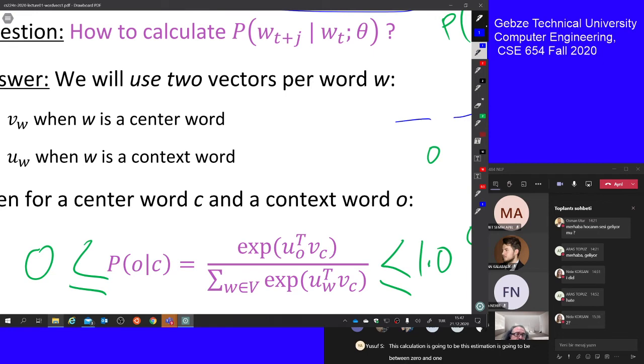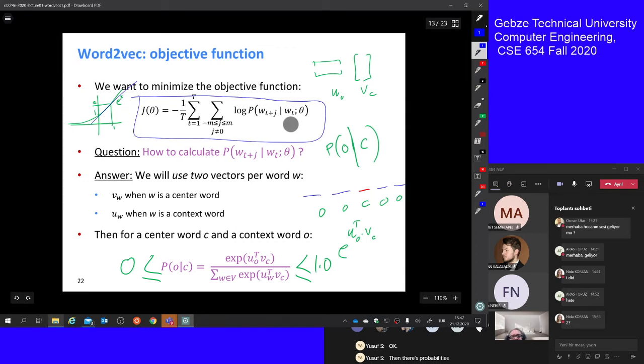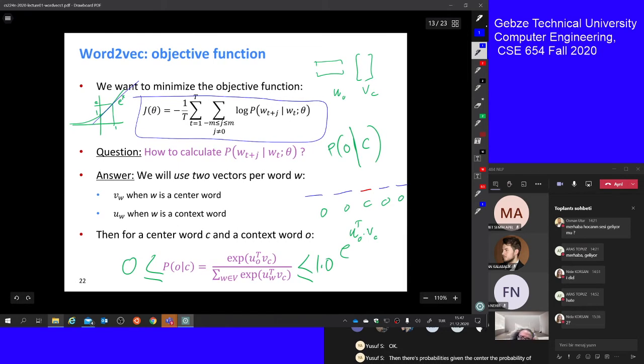So I am using almost the same thing. I am looking for the similarities. Let's go back to this one and try to understand it. It says that if two words are seen together, one is a context, the other one is the center, then given the center, the probability of the context should be large.